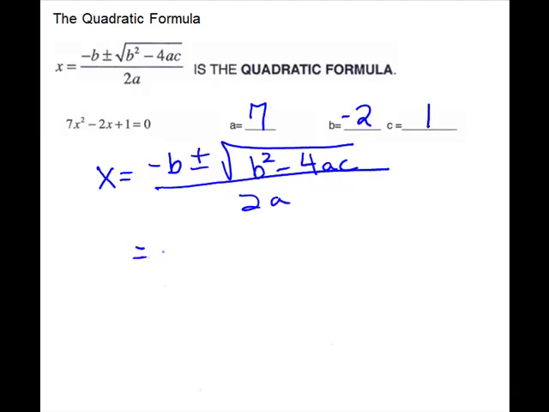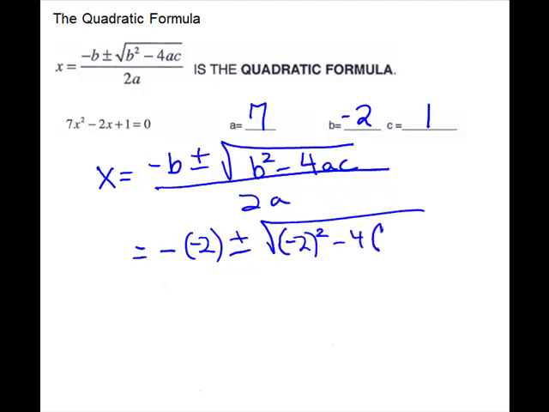So opposite of negative 2 plus or minus the square root of negative 2 squared minus 4 times 7 times 1, all over 2 times 7.